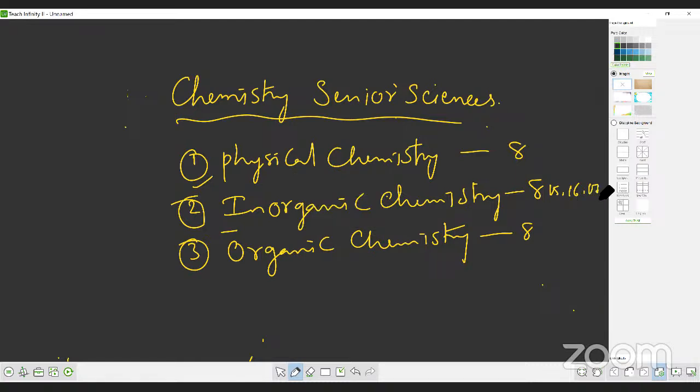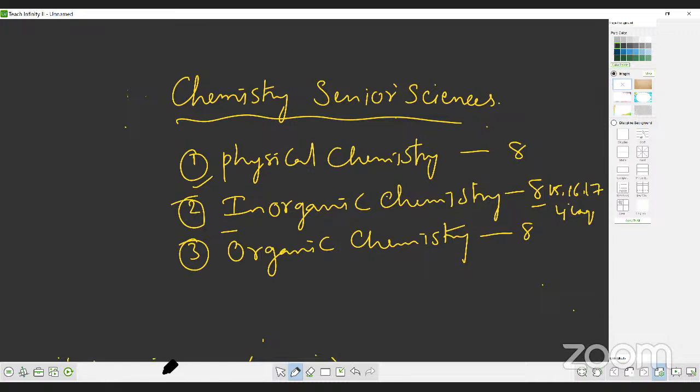Out of a total of 4 LAQs from this, you will get 1 LAQ. So these are direct LAQs, and there are no bits like A and B as in physical chemistry.